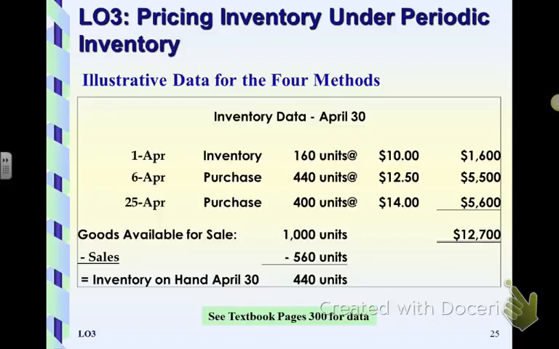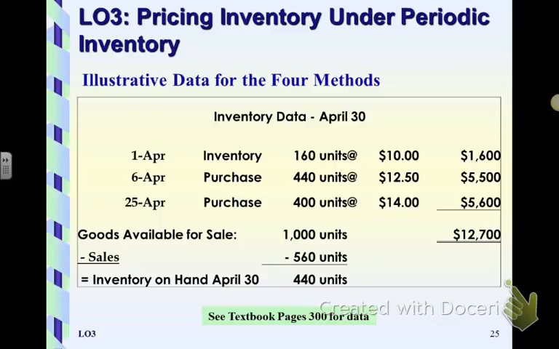And what we're showing is that on April 1st, we had 160 units in our inventory, and those 160 units were valued at $10 per unit for a total cost of $1,600. Then on April 6th, we purchased 440 units at $12.50 to give us a cost of $5,500.